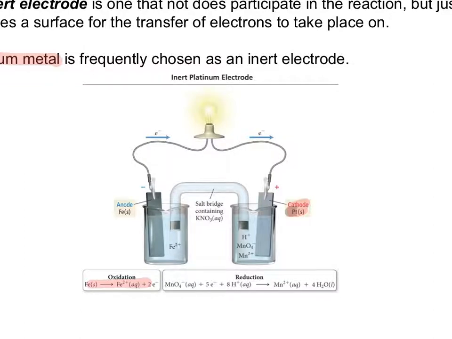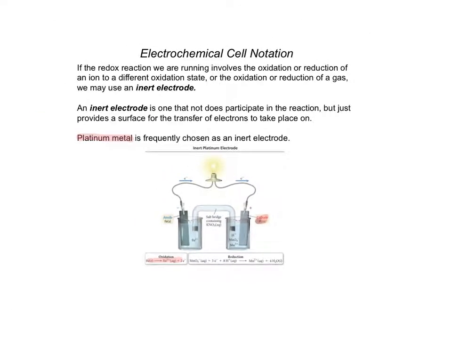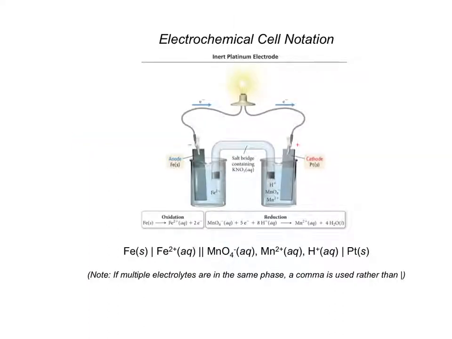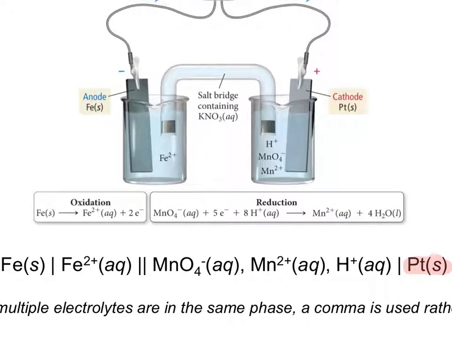Now, one little extra thing to note: if you do use an inert electrode like platinum in a reaction like this, then the only other thing you have to change with respect to our shorthand notation is, number one, platinum is the cathode electrode, the actual electrode participating in the reduction reaction. But now, for this reduction reaction, we had a bunch of stuff in solution, such as our MnO4, our Mn2+, our H+. All of those are in the same phase, right?